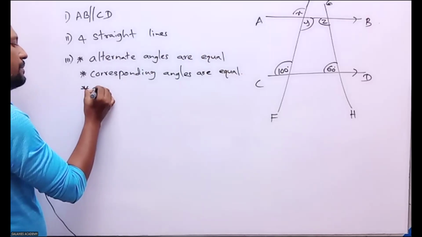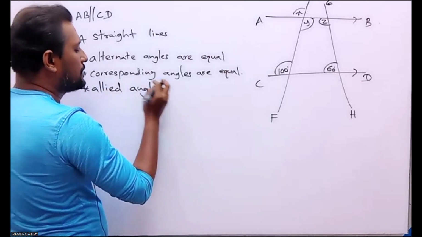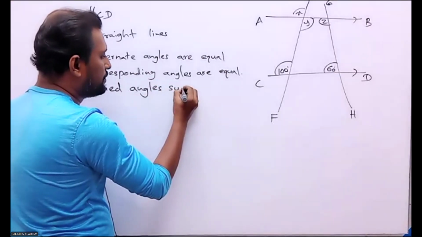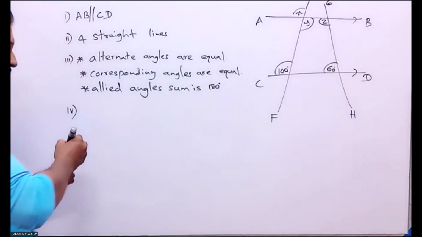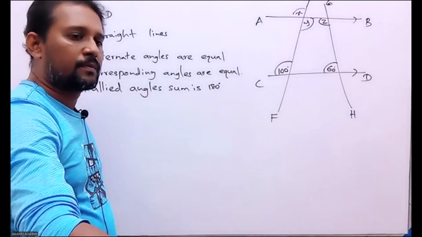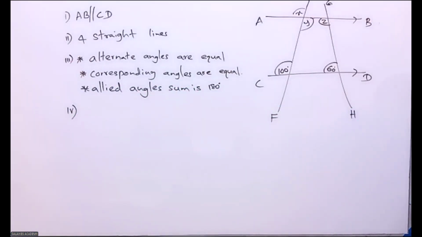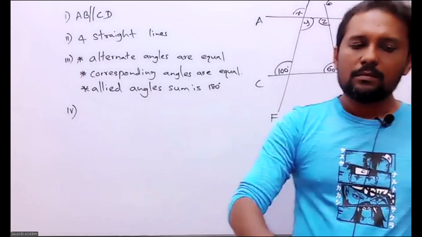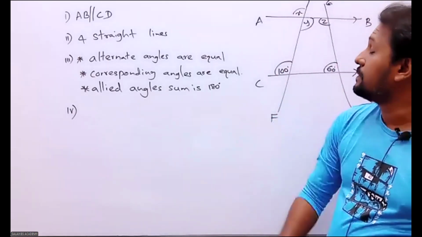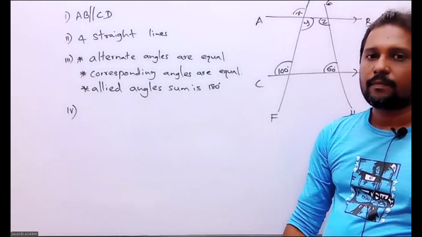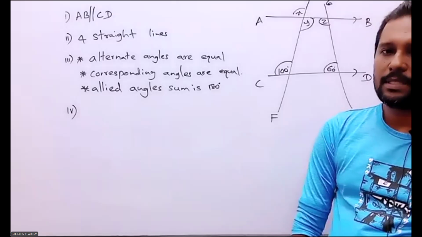And another relationship, allied angles sum is 180 degrees. They are the relations related to parallel lines intersected by a transversal.